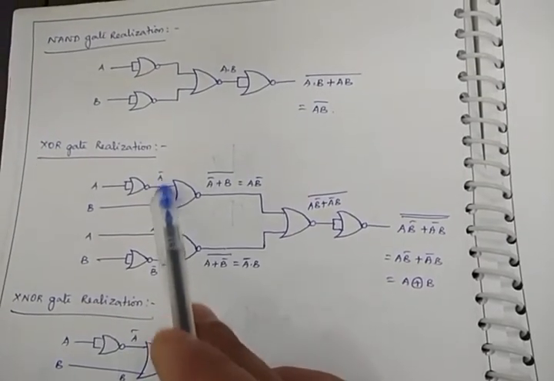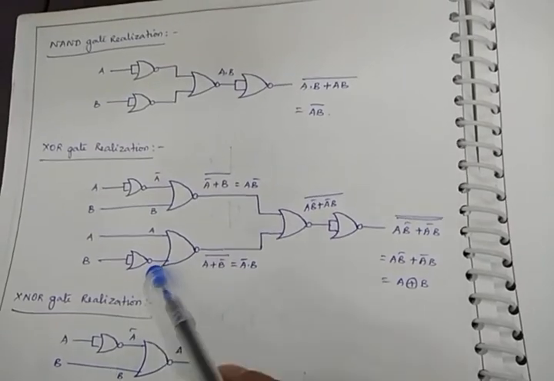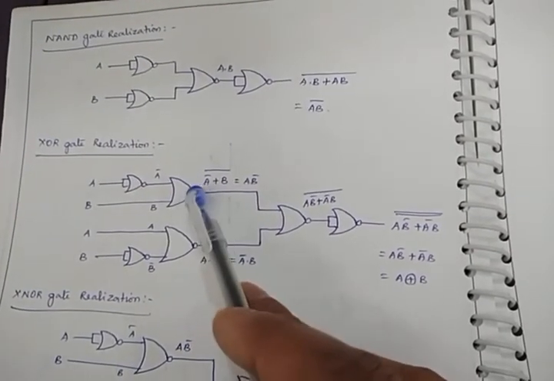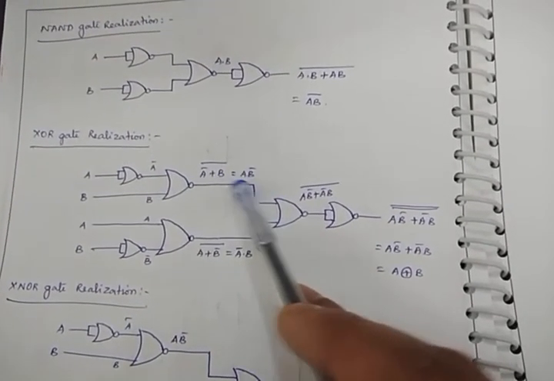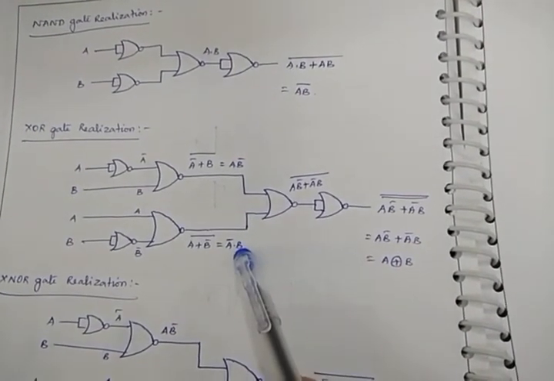So here I am getting A bar and B bar. Just give these inputs to the NOR gate. Then we will be getting A dot B bar and here A bar dot B.